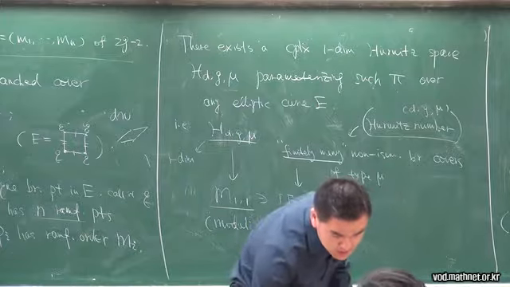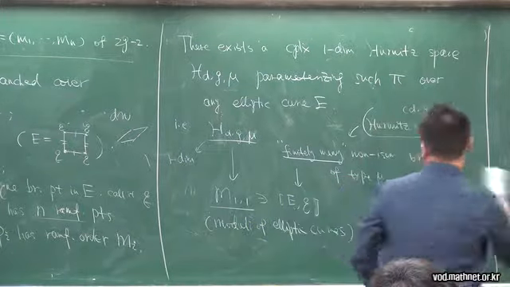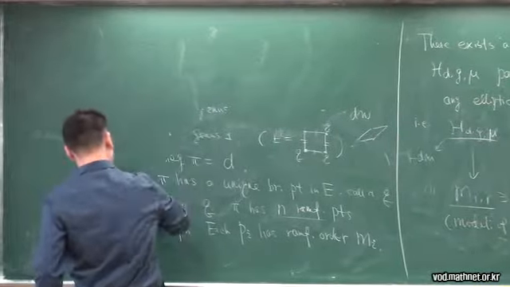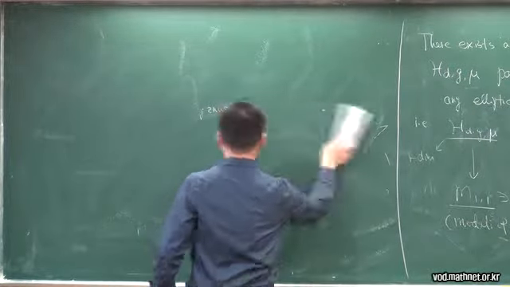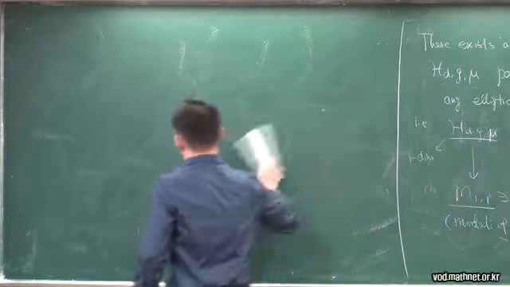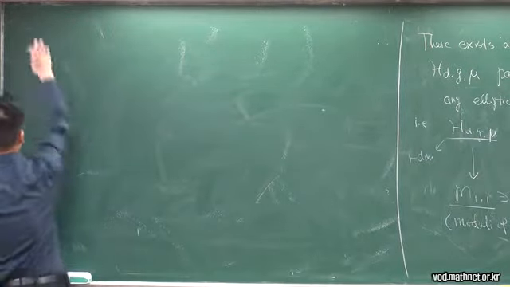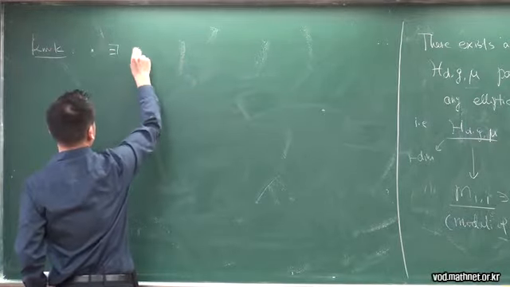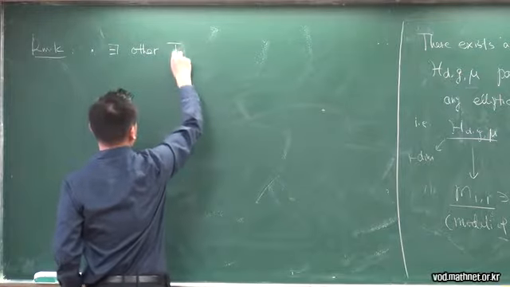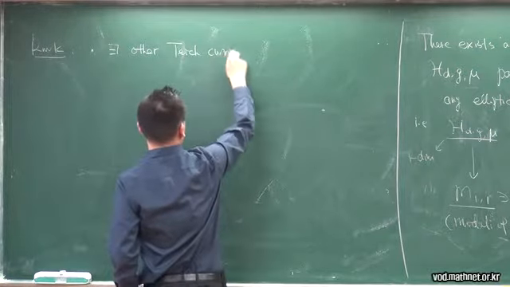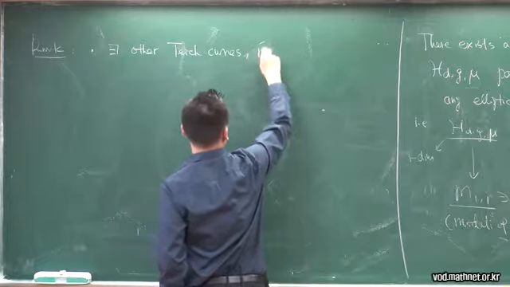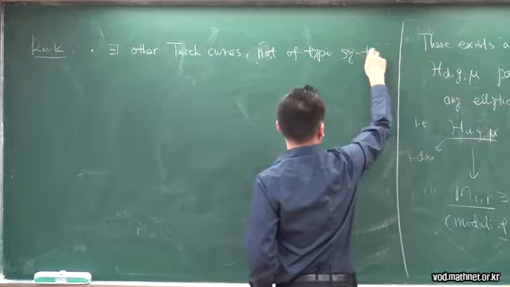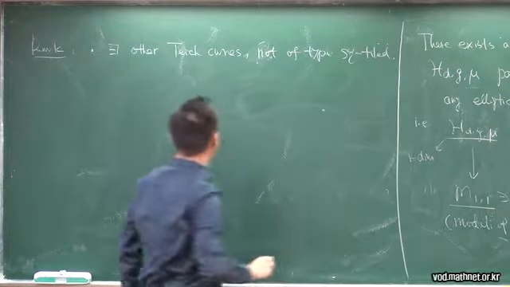Yeah, so let me just draw this concluding remark. First, there exist other Teichmueller curves not of the type given by square-tiled surfaces.